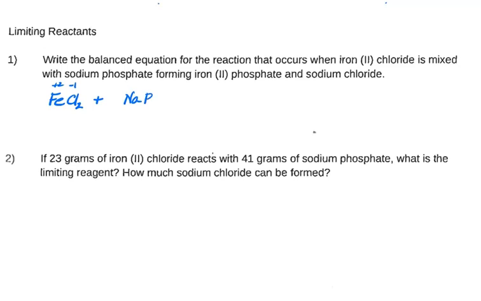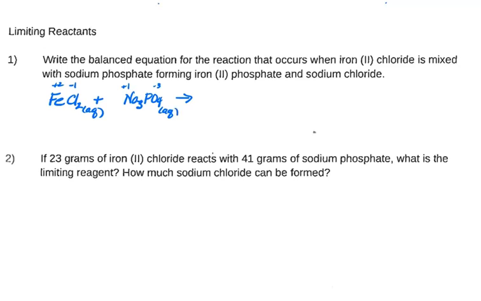I'm going to mix it with sodium phosphate. Phosphate's PO4. And phosphate is a -3, but sodium is a +1. So I'm going to need 3 sodiums. Okay? You can read that 3 there. Okay, it is going to be a double replacement. These are aqueous solutions. I probably should have told you that.